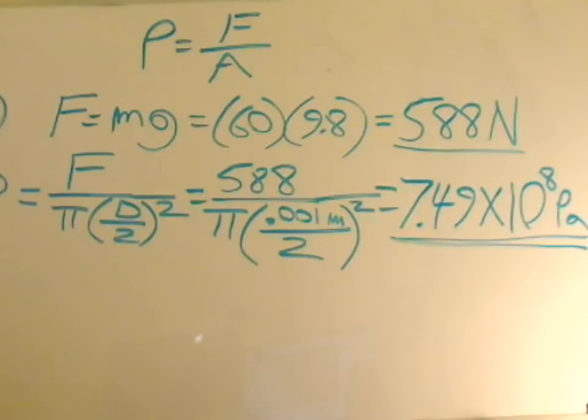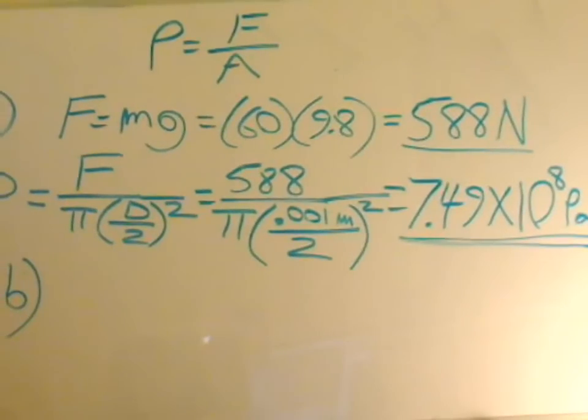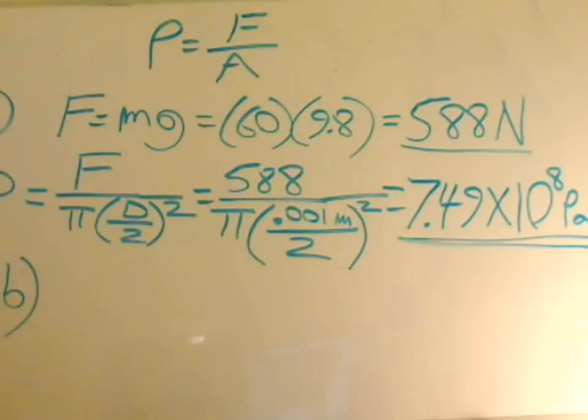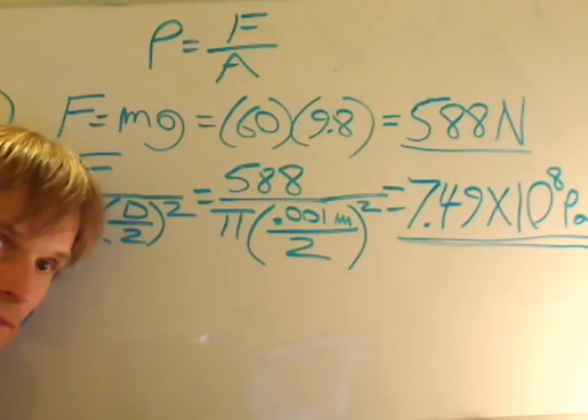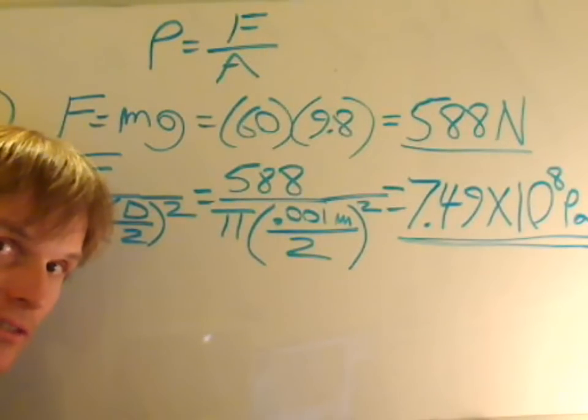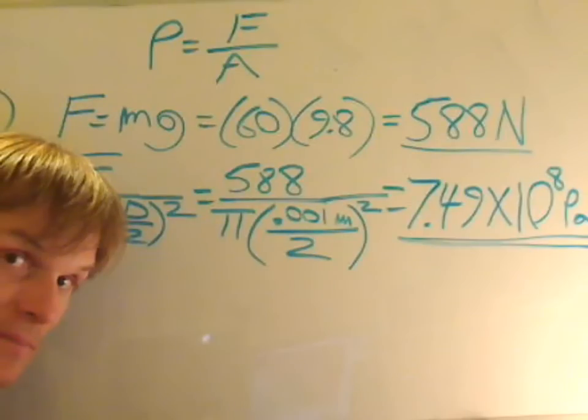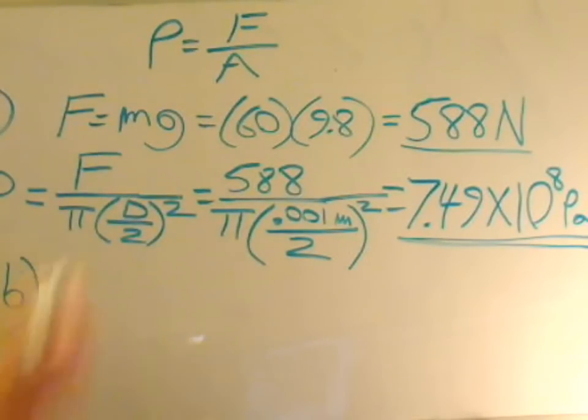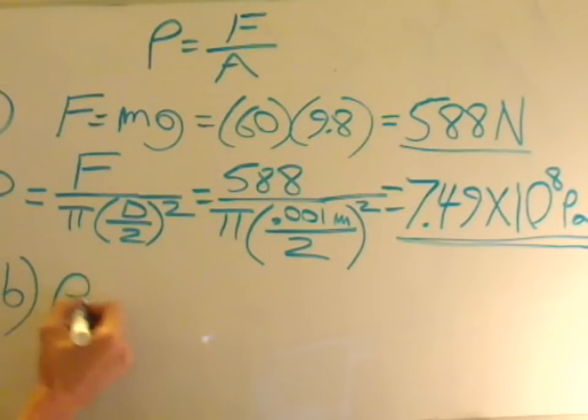Okay, and so in Part B, we are considering that this person is lying down on a bed of nails now. There are 800 such nails. And you might think that this is still going to cause a lot of damage. But the pressure, again, is force divided by area.